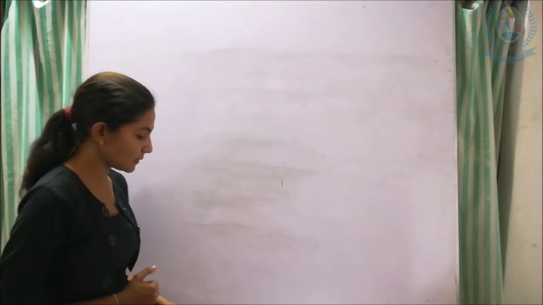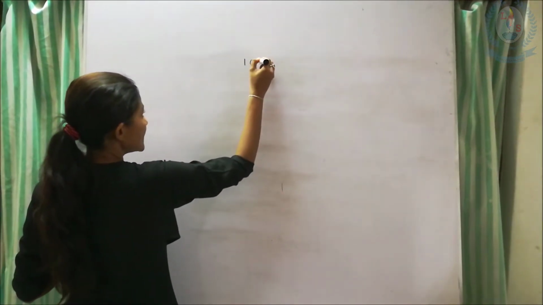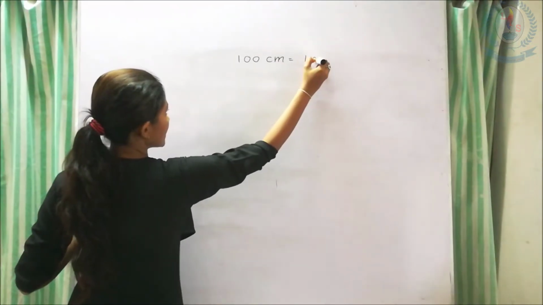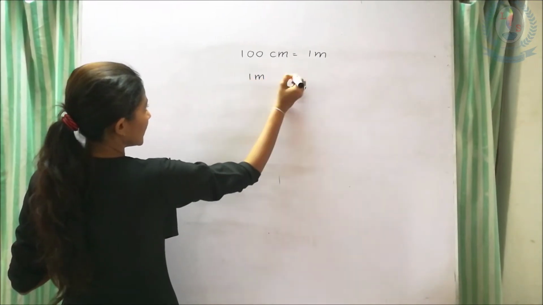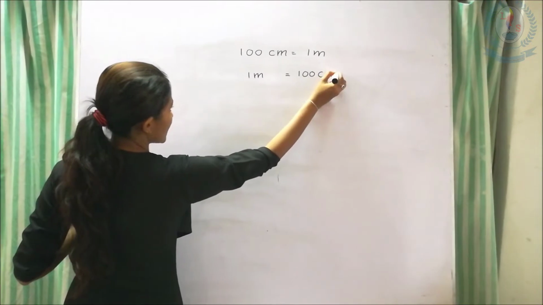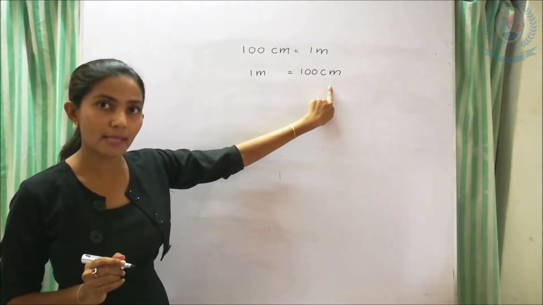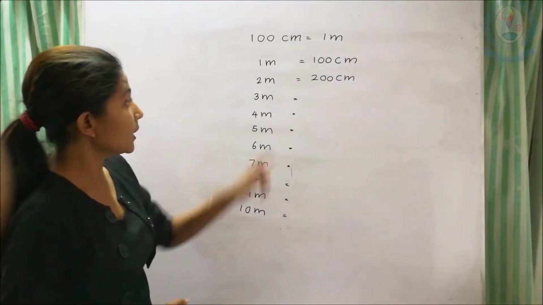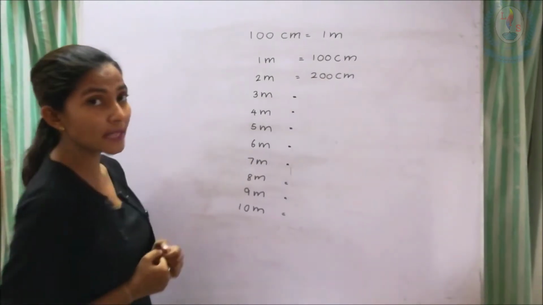Now, we will check this in another way. We learnt that 100 centimeters equals 1 meter. We can say this as 1 meter equals 100 centimeters. Then 2 meters, 200 centimeters.